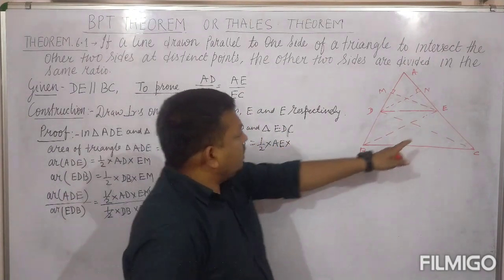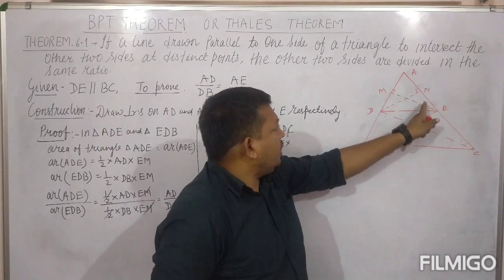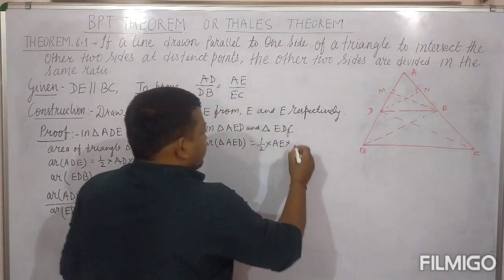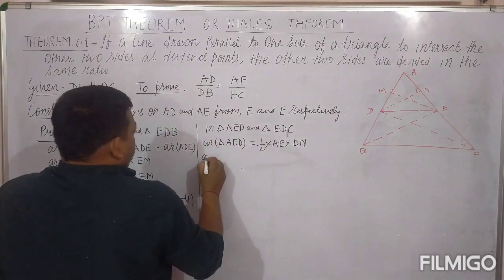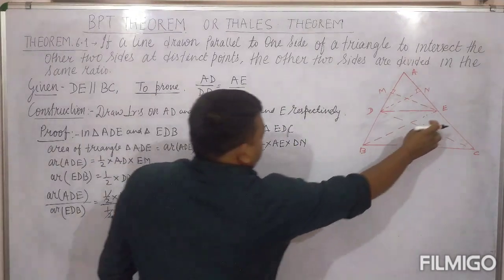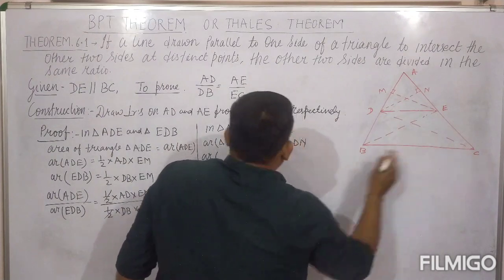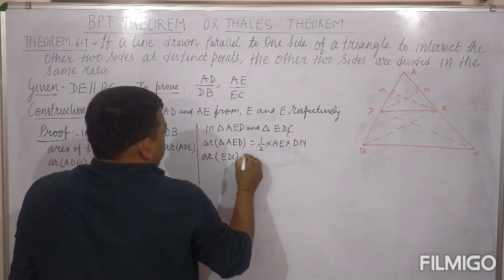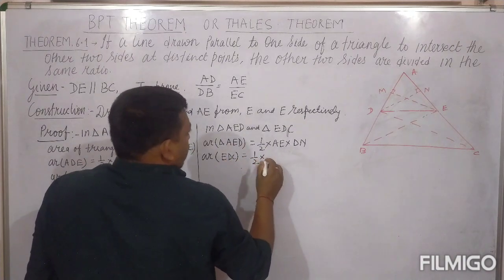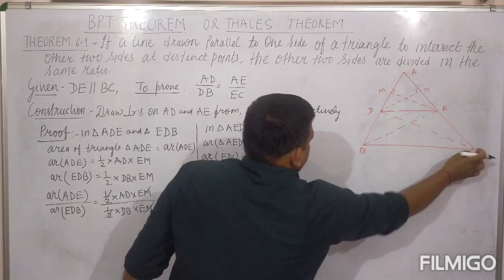And what is the height in this triangle? DN is the height. Also area of triangle EDC is 1/2, and the base is EC.